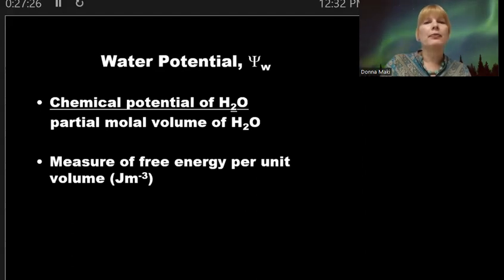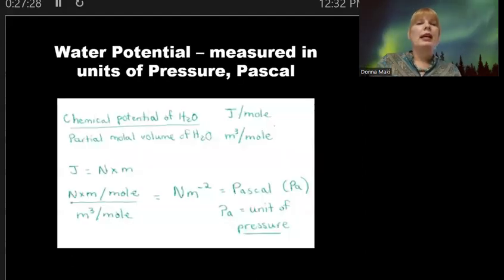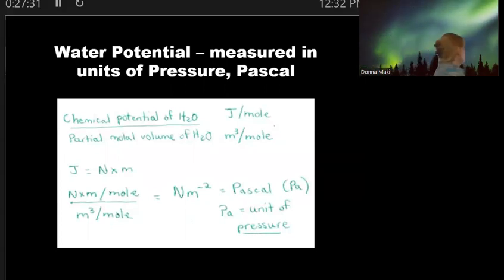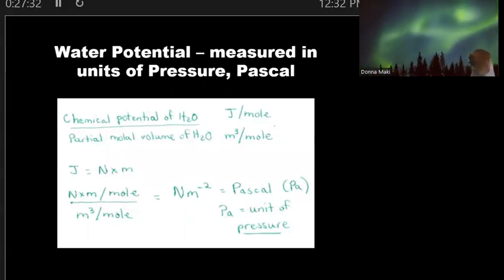Okay, so if you take the chemical potential of water and divide it by the partial molar volume, the unit for chemical potential is joules per mole. The partial molar volume is meters cubed per mole.